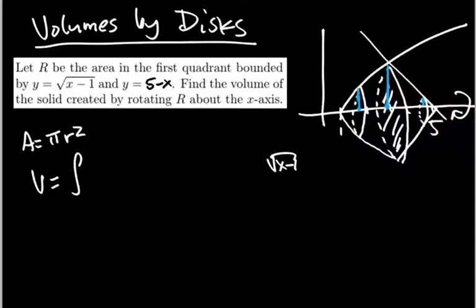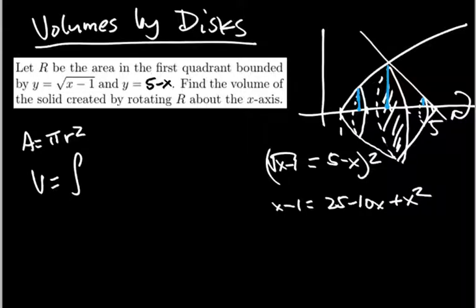Square root of x minus 1 equals 5 minus x. If we square the whole thing, we get x minus 1 equals 25 minus 10x plus x squared. Hopefully this doesn't turn out too bizarre. Minus 11x plus 26 equals 0. Oh, we're going to have to use the quadratic formula.